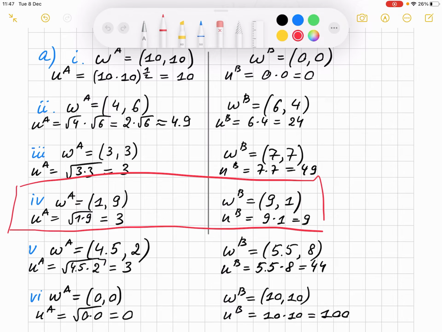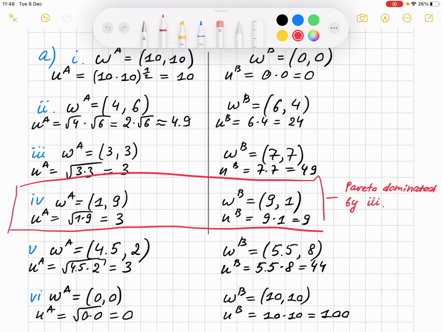So it's possible to allocate in such a way that agent B is better off without harming agent A. And so we can write here that this one is Pareto dominated by the third case, third allocation.